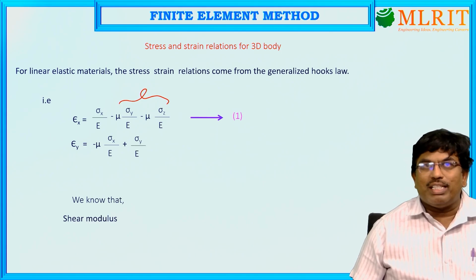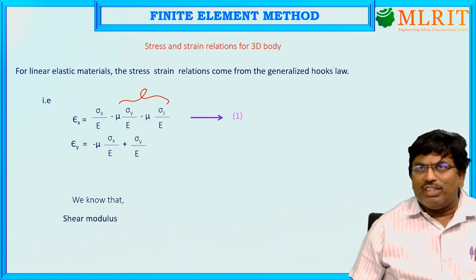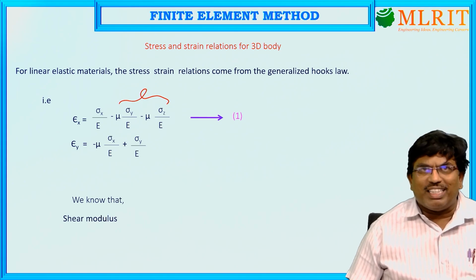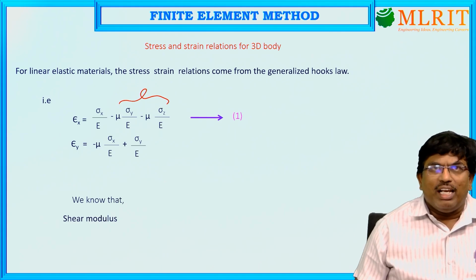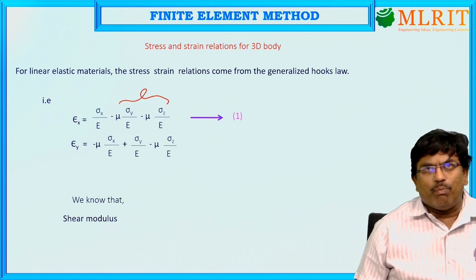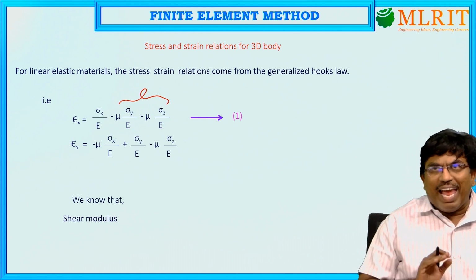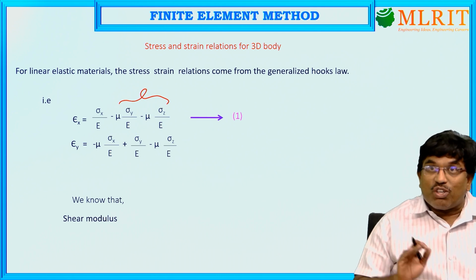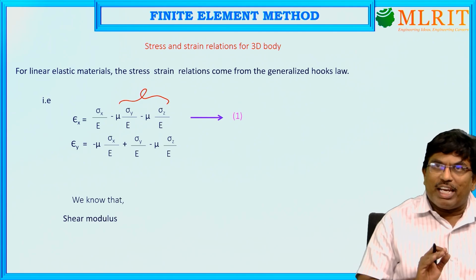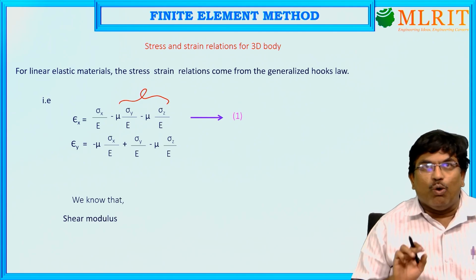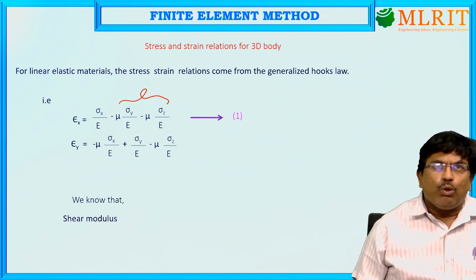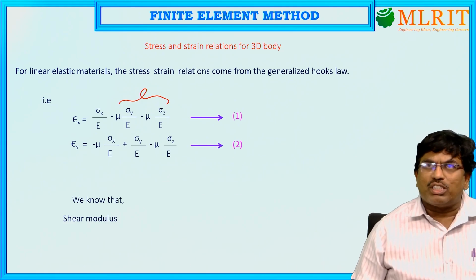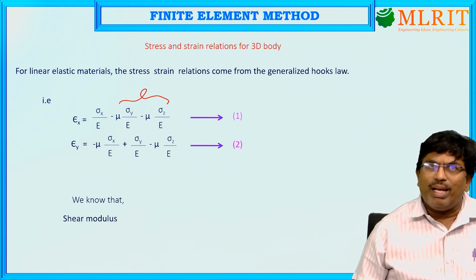Sigma y by E is the longitudinal strain, where the load is acting in the y direction as well as the strain. The other one is a lateral strain, minus mu into sigma z by E, due to the load acting in the z direction but the strain acting in the y direction. So this equation for epsilon y also has two lateral strains and one longitudinal strain, sigma y by E.